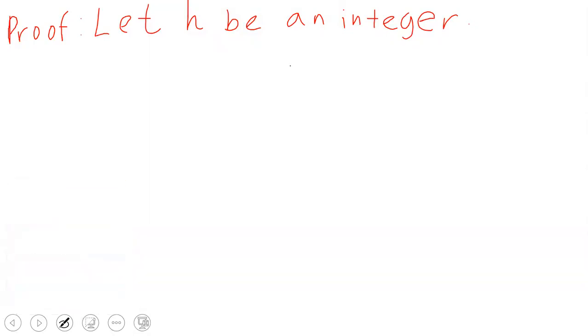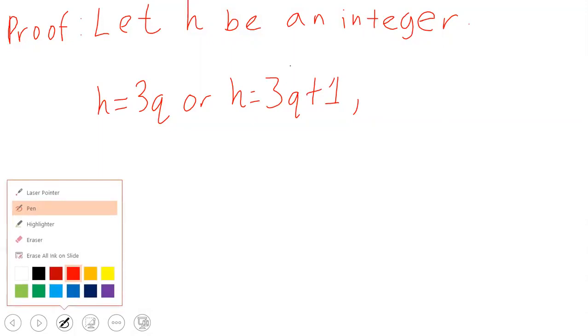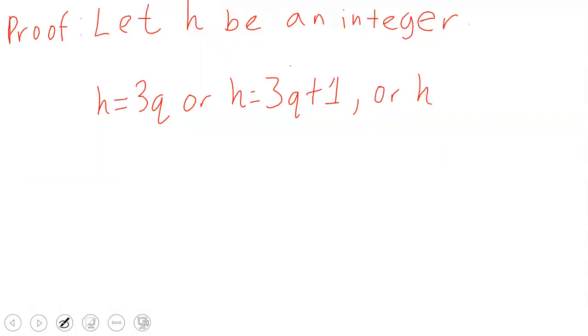You don't know exactly what it is, but you know that h is either a multiple of 3, or h is a multiple of 3 plus 1, or h is a multiple of 3 plus 2.